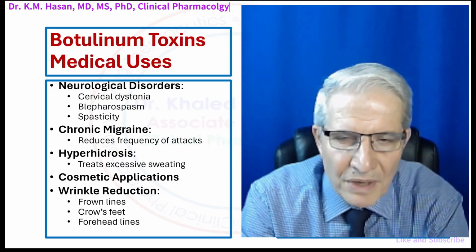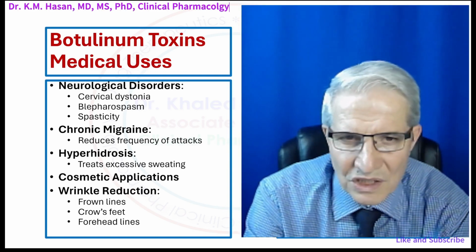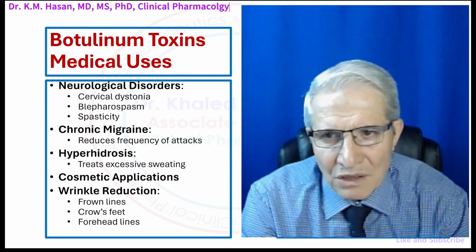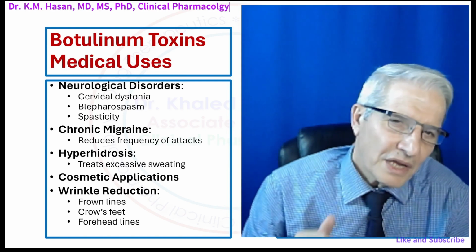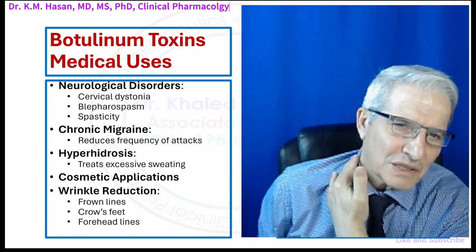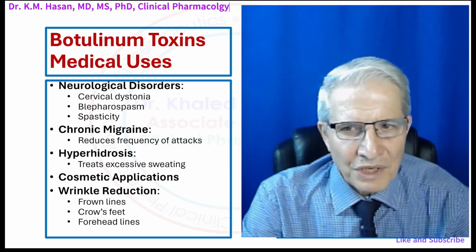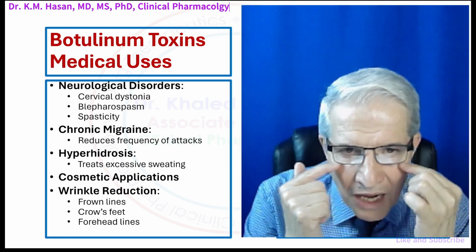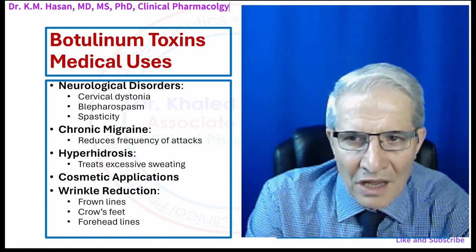A little bit more detail about the clinical use of botulinum toxin, Botox, or Myobloc. We can use it for patients with cervical dystonia, when they have a neck muscle spasm and cannot move their neck. Blepharospasm, when they have a spasm around the eyebrow and are not able to focus and read.